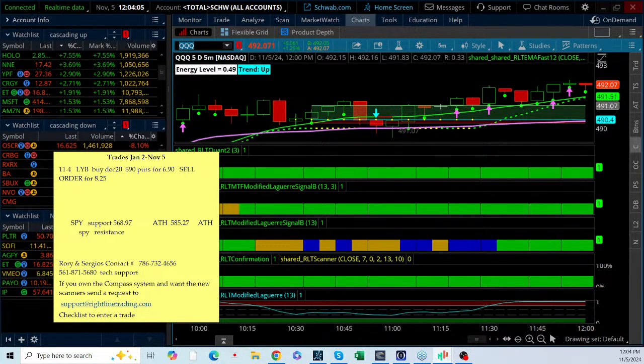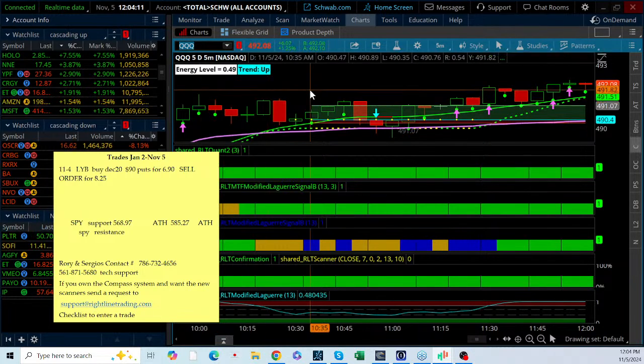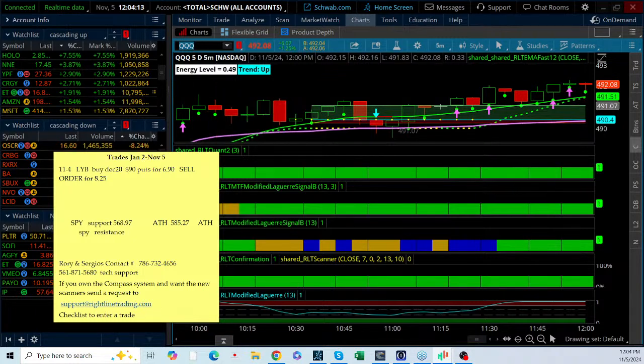It's just a little after 12 o'clock. Market having a decent day. Again, SPY up against resistance, but up almost a full percent right now for the day. Q's up 1.25%, a little bit stronger. IWM up about 1%. So all the indexes are between 1% and 1.25% to the upside.